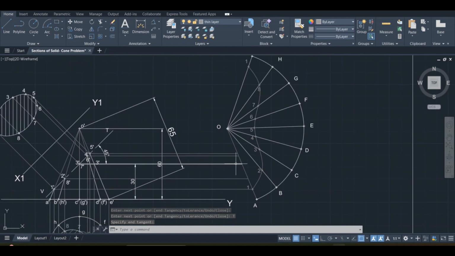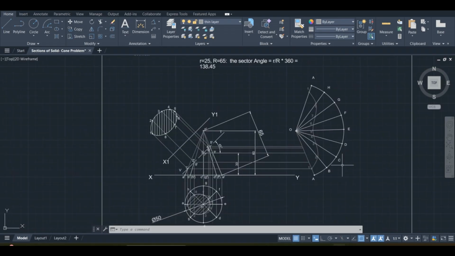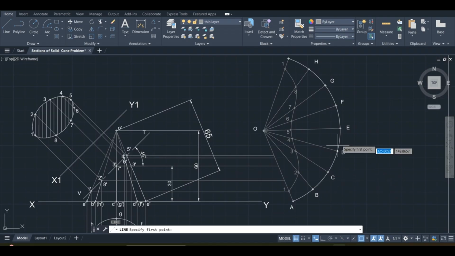See now, so what I'm doing, so first I'm changing all these lines to thin lines. Go to layer, thin layer, and next the lateral surface is, this portion we have to make bold. So for that I am drawing the lines from the point A to 1, similarly B to 2, and C to 3.